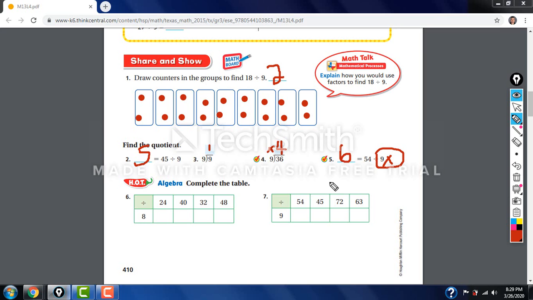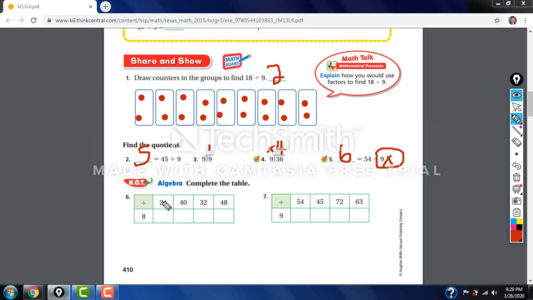Now, if you don't know your multiplication tables, this is where it gets difficult. That's why we stressed it when we were still at school, that you need to learn those multiplication tables. It's going to help you in the future, and you still need to know them. And we're still practicing. So let's look at this table here. We'll look at the chart here, 8, and we have numbers here, 24 through 48.